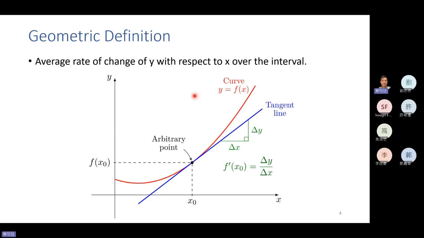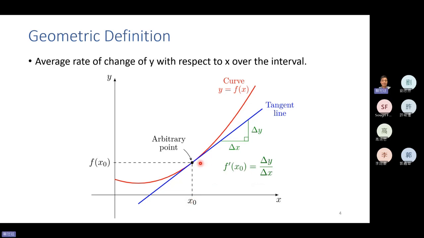So the geometrical definition of the derivative is the average rate of change of y with respect to x. As you may have learned in high school, the change rate of this curve. So f of x, y is a curve, and we want to find the change rate at the point x0.